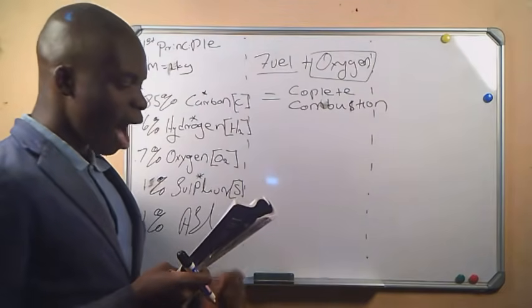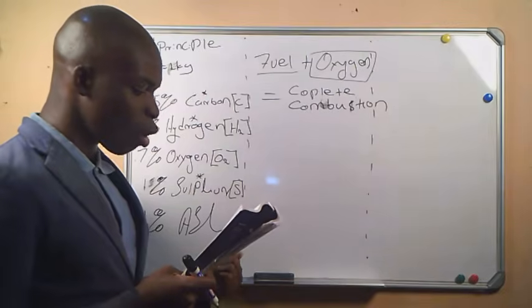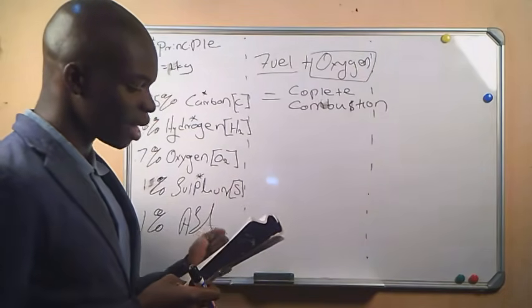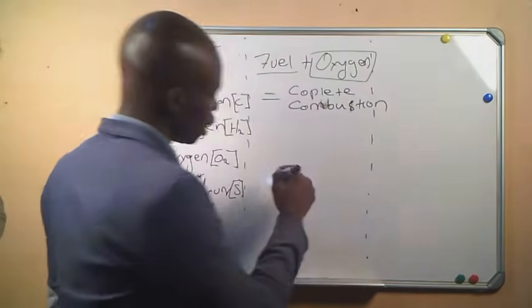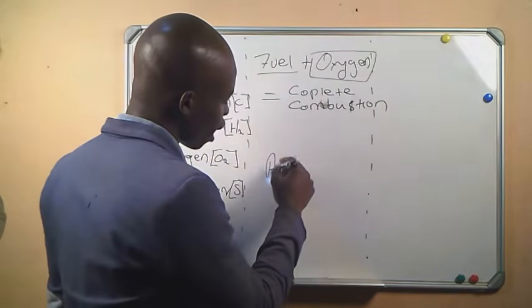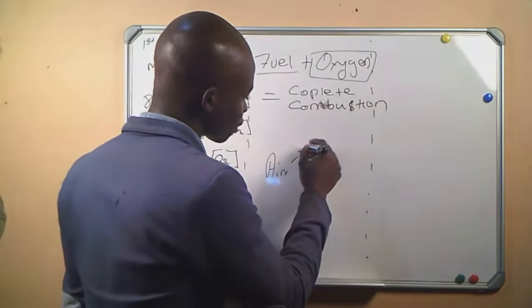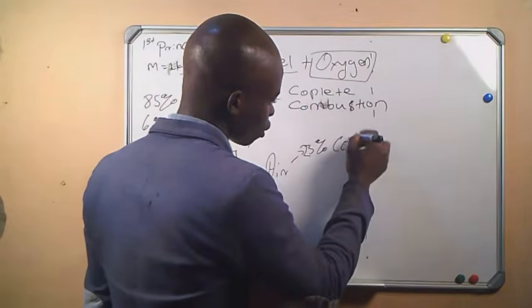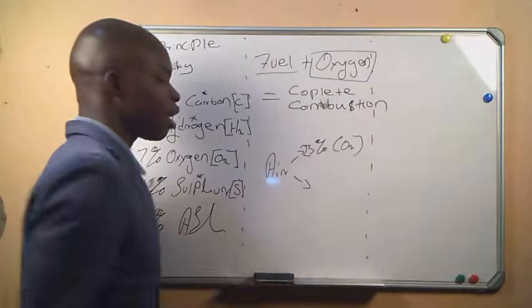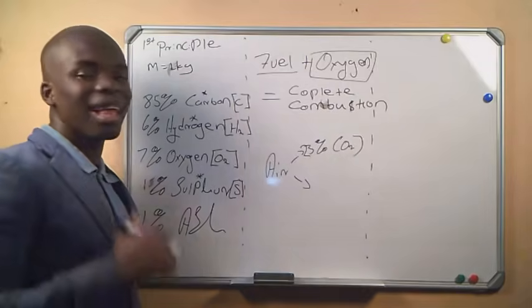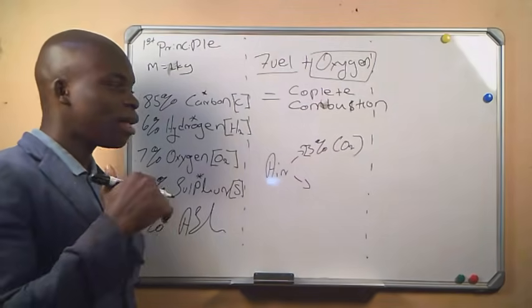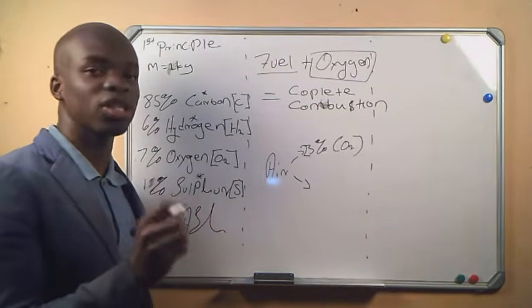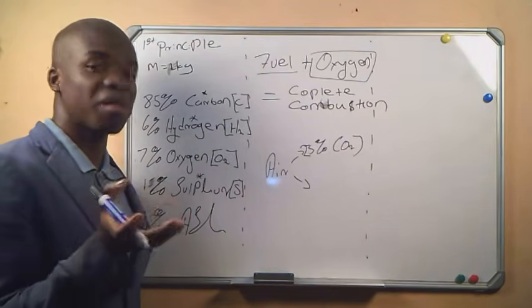They say, assuming that the composition of air is 23% oxygen by mass. The simplest source of oxygen is the same air that we are breathing.